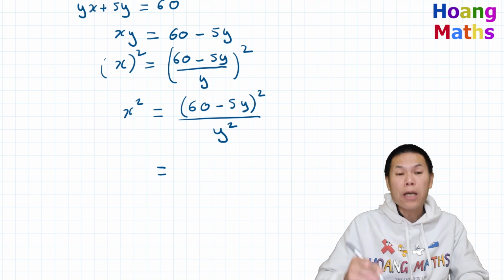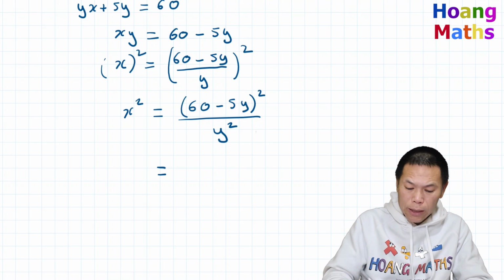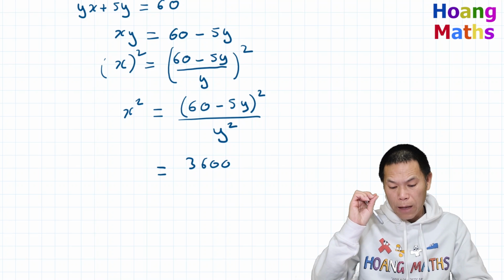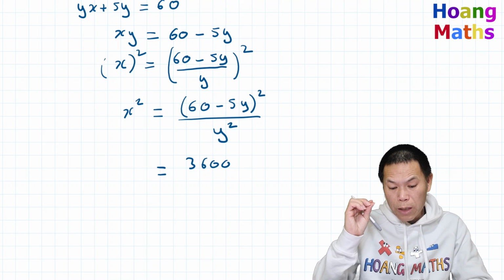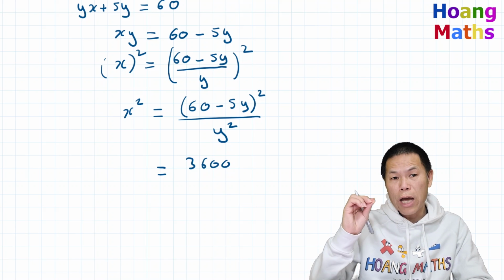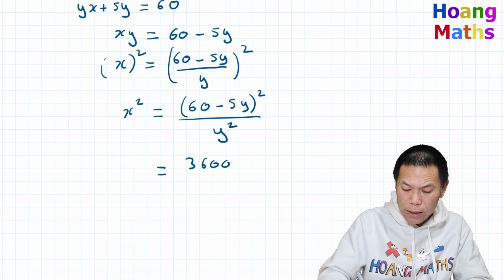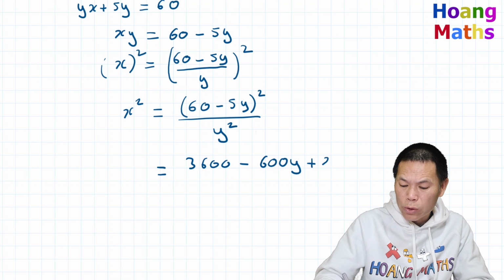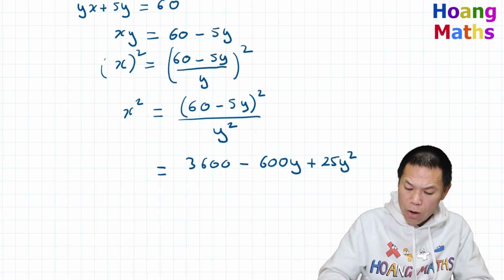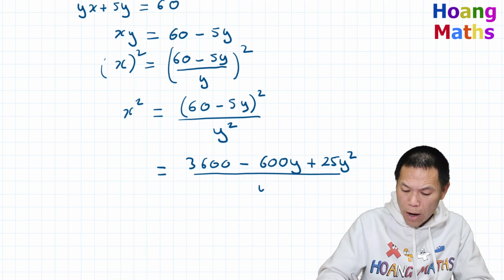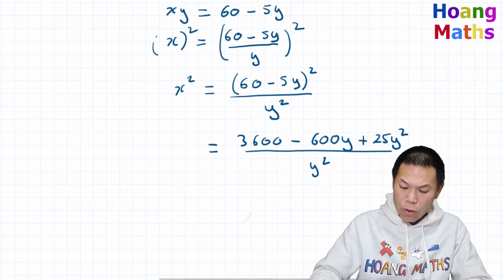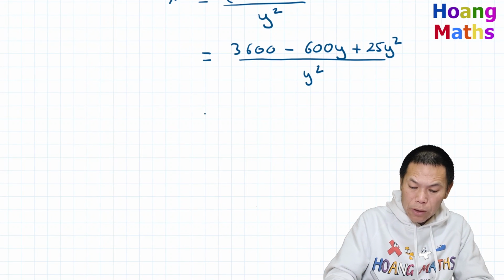So that will give me 6 squared is 36, so 3600, and 60 times 5 will give me 300. And we double that. So minus 600y. And then we add 5y squared, that means 25y squared, over y squared. So now let me just simplify this or break it up. So that becomes like this.